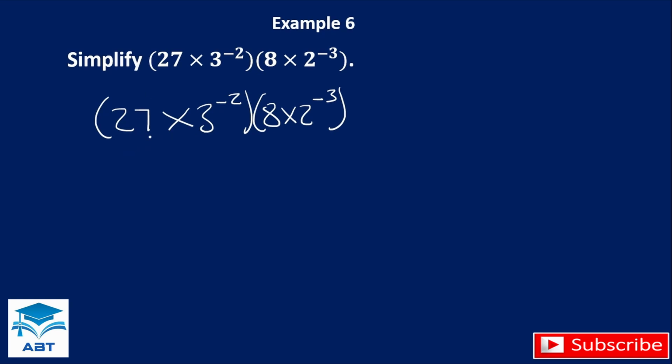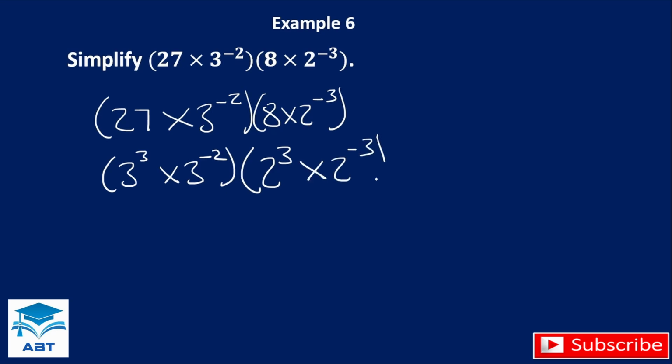We want to have the same base. So we have 3 exponent 3 times 3 exponent negative 2. Since 3 exponent 3 is 27, and that will help us get the same base. And we change 8 to 2 exponent 3 to match the base of 2 here. So we have times 2 exponent negative 3.